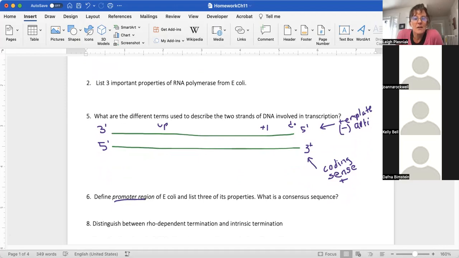Promoter. There's three parts to the promoter: the transcription start site at +1, the -10 region, which is called the Pribnow box, and that's the TAAT region, which can open to form the open complex, and the -35 region.